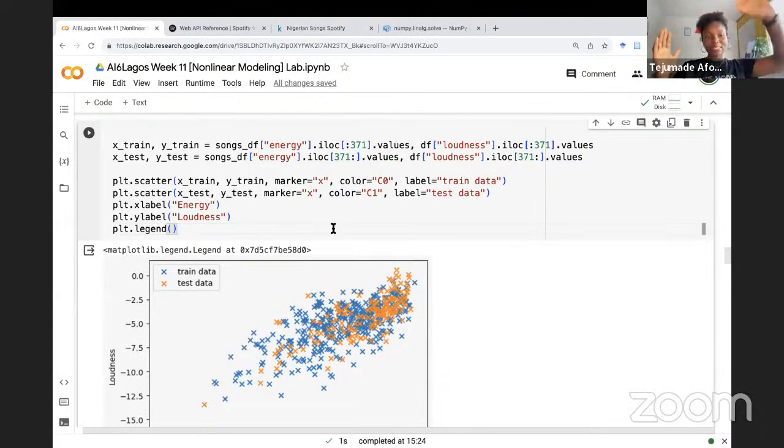If you take the first 371 to train your model, you have no guarantee that you're able to generalize well to the rest of the data. This is like how you would do splitting when you have a time component, like in time series.